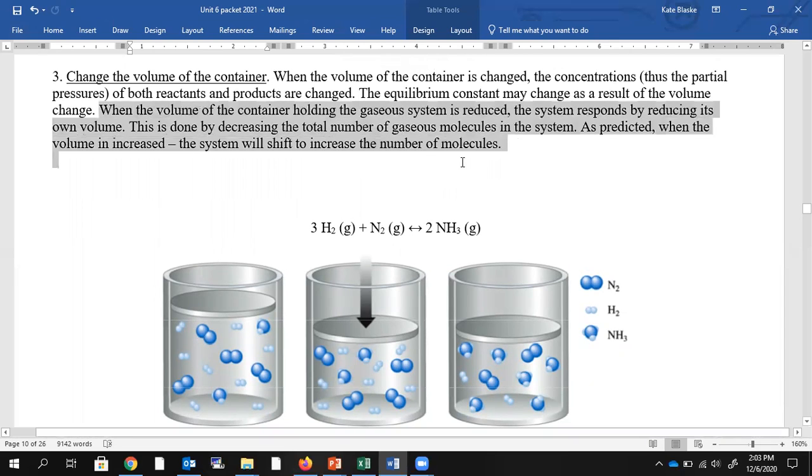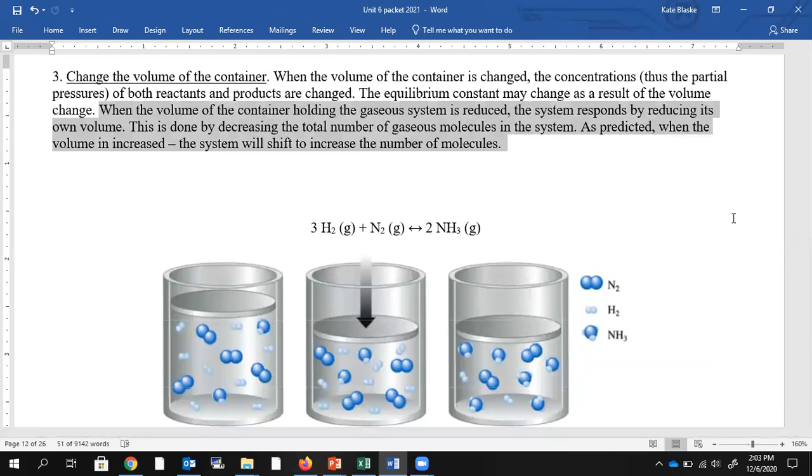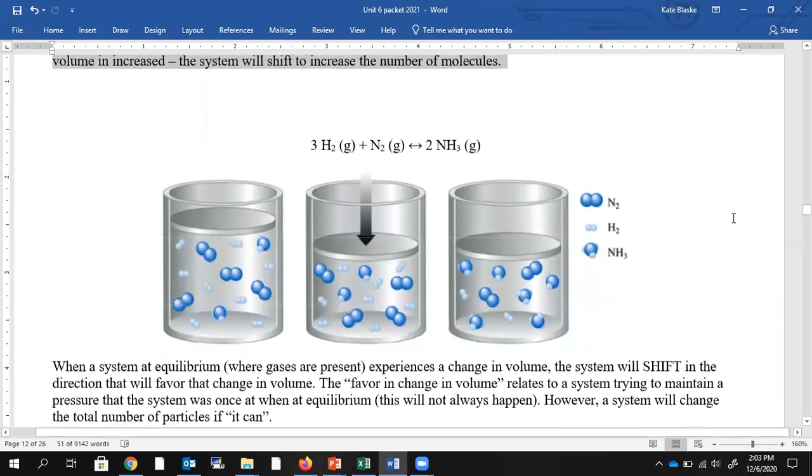when the volume of the container is reduced, the system is going to want to reduce its own volume also. So by reducing its volume, it's going to shift towards the side with the fewest number of particles, the fewest number of molecules of gas. So if we look at this particular reaction, we're still talking about the formation of ammonia.